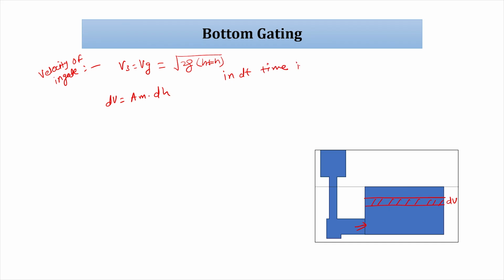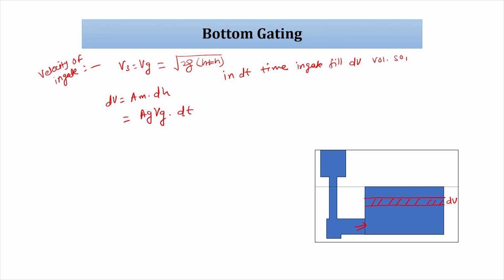In the gate, dV equal to Am into dH, and that will be equal to Ag into Vg into dt.